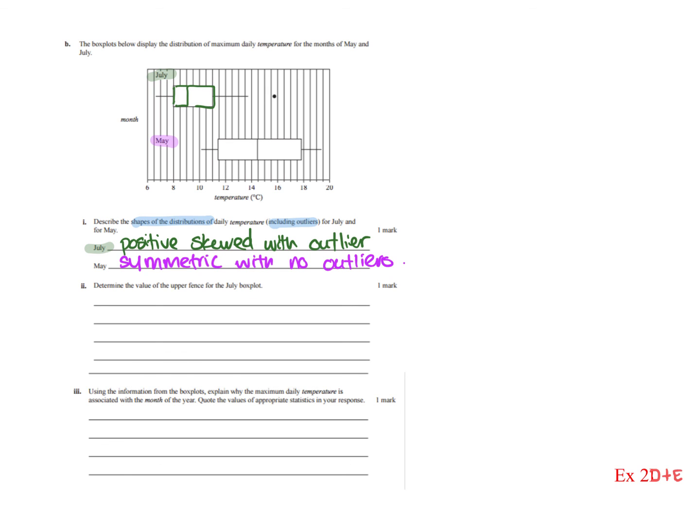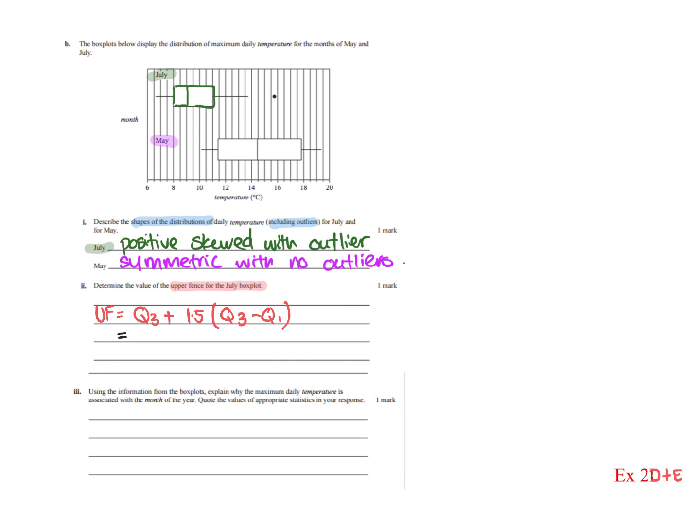So now the next question: determine the value of the upper fence for July. First of all, you write your formula for the upper fence, which is Q3 plus 1.5 times IQR. Then we'll pop in the data.